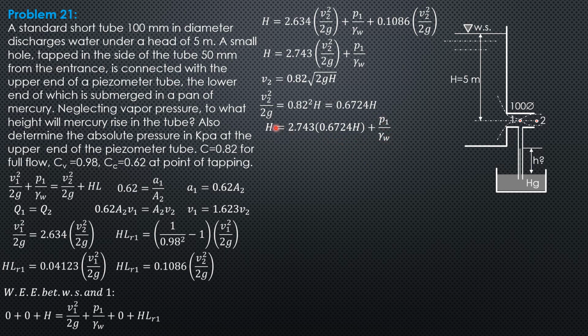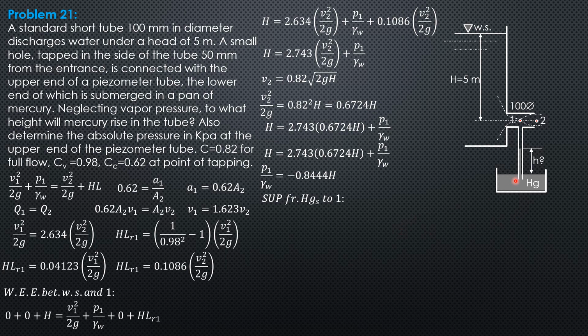So the pressure head at 1 is H minus 2.743 times 0.6724 of H, and that is equal to negative 0.844 of H. Having found the pressure head at 1, negative 0.844 of H, and H is 5 meters, we sum up pressure from the mercury surface here to point 1 to express the pressure head at 1 in terms of small h also.